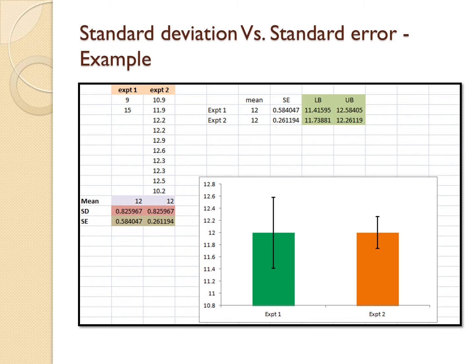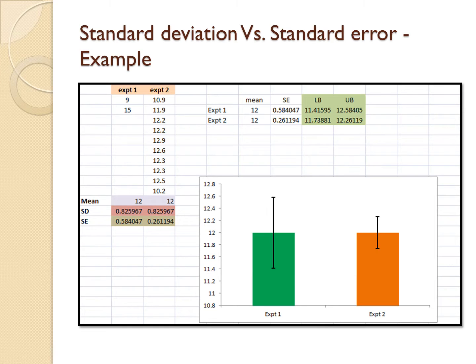Let's look at these 2 experiments. The first experiment has only 2 observations, and the second experiment has 10 observations. Looking at the 2 experiments, the second experiment appears to have more observations and values that are closer to each other.